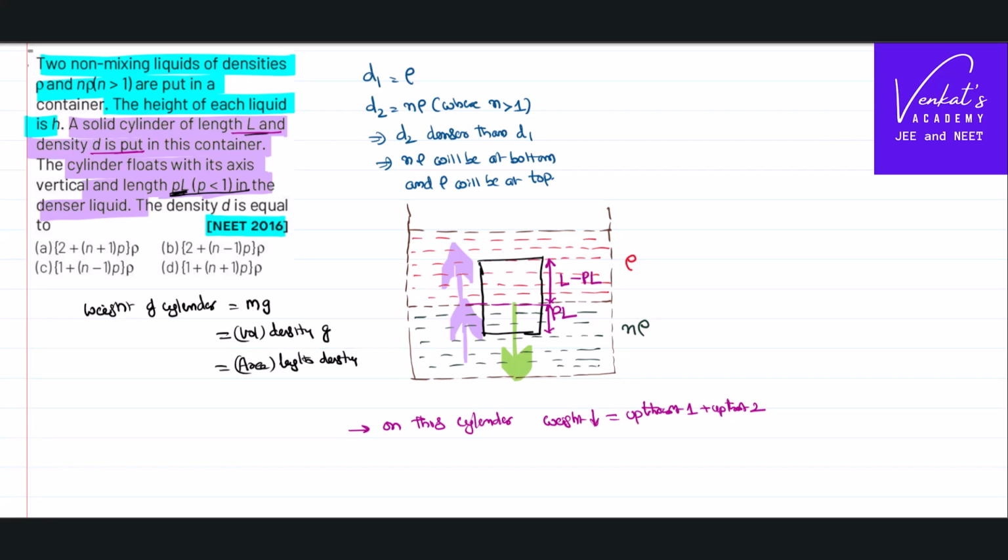Let me imagine the area is A, the length of the cylinder is L, and the density of the cylinder is D, which I have to find out, times g. So weight is A L D g, where A is the area of the cylinder.